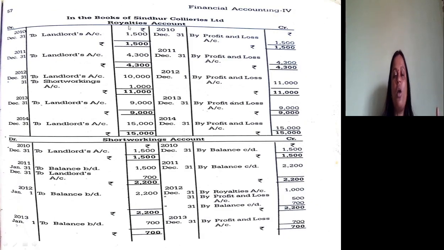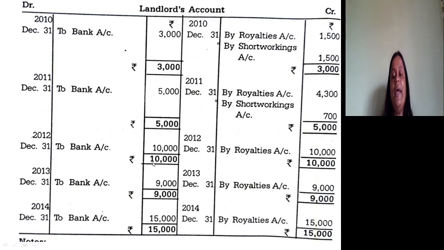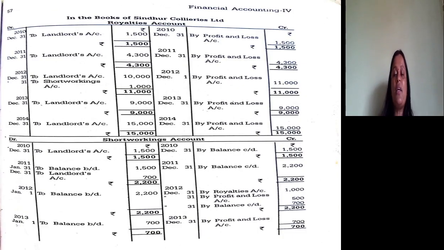So we have to go to the royalties account. To landlord account or lessor account 4300, to short working account 1500. Then at the end of the year, the lessee needs to pay. Journal entry: lessor account debtor to bank or cash account 5000 rupees. If you look at the last column, it is 5000 rupees. Then we close the royalties account by transferring it to profit and loss account.